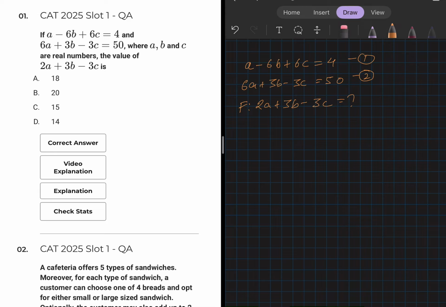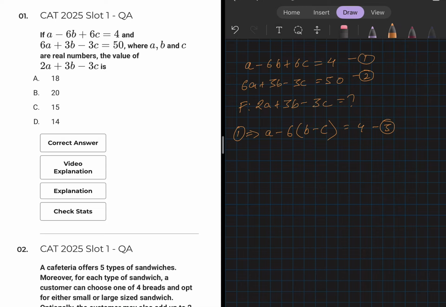If you look at 6b plus 6c here and 3b minus 3c, in some ways you can take, okay, let's look at the first equation. The first equation you can write by taking the 6 out, and you can write the rest as b minus c equals 4.